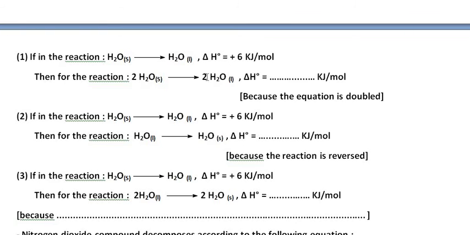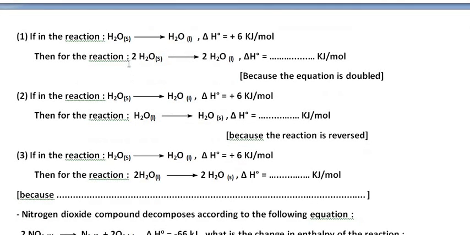So the heat change here, the heat content change, is plus 6 multiplied by 2, because here we have 2 moles, which means that if you have more than 1 mole as in the first one, 2 H2O multiplied by 2, 3 H2O multiplied by 3, 4 H2O multiplied by 4, and so on.